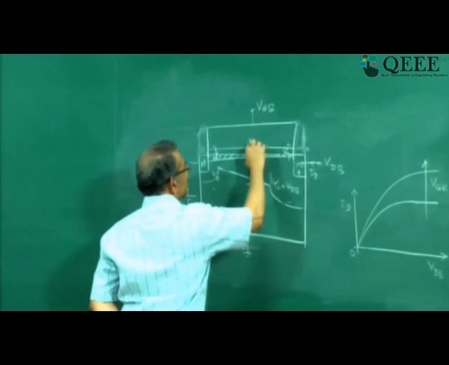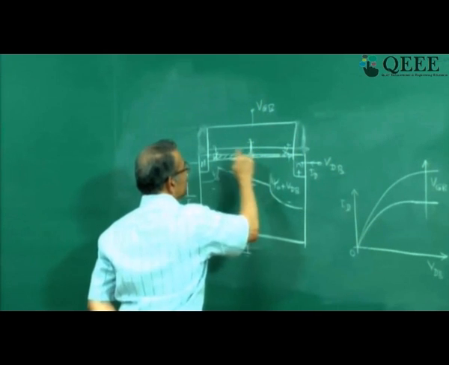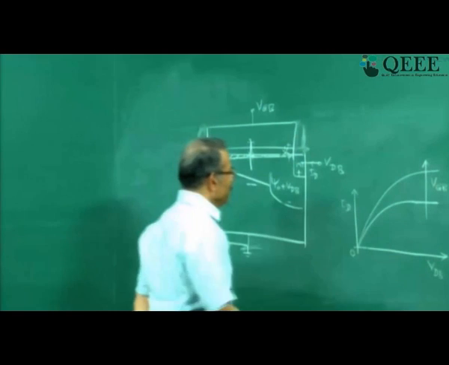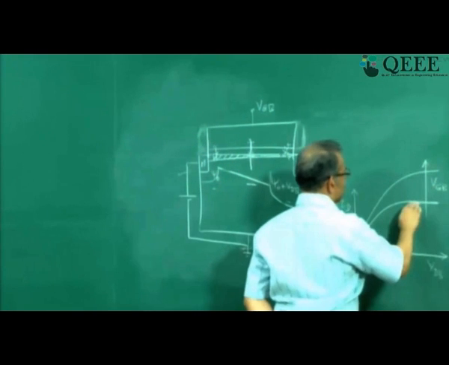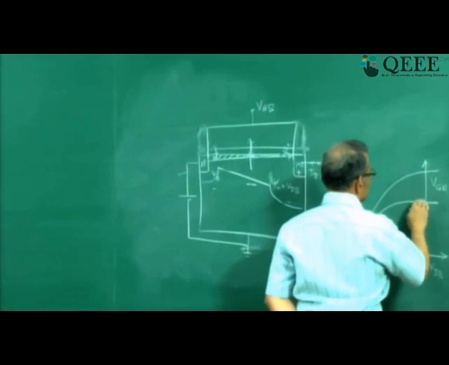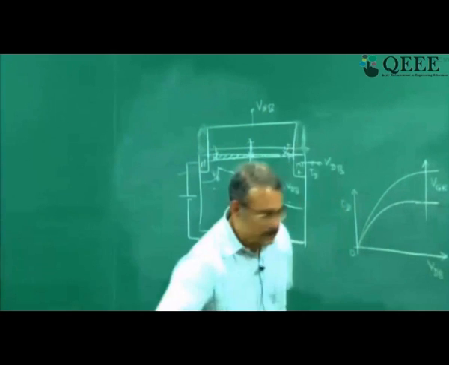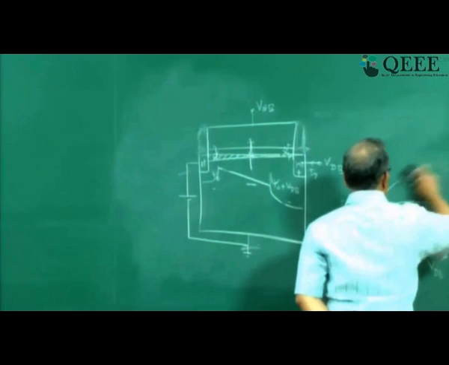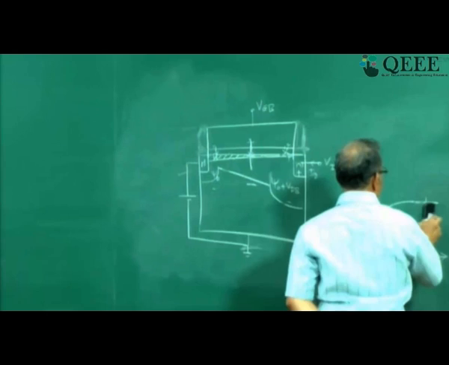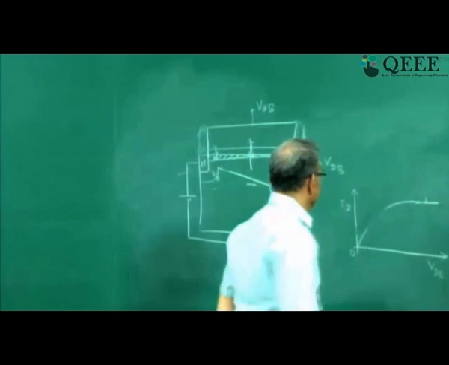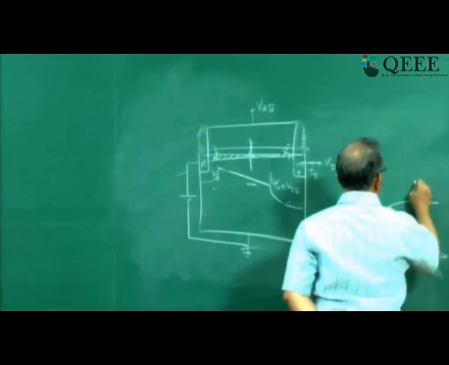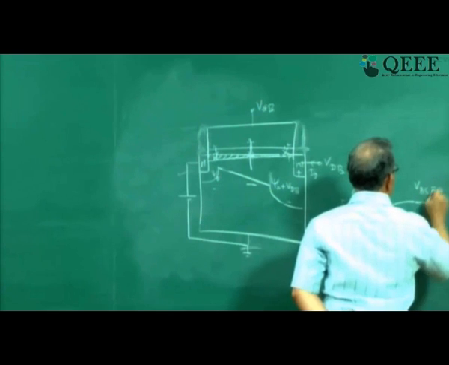So as we discussed earlier, if this part of the voltage reduces, this field will reduce and the inversion charge will reduce. So if I were to sketch ID versus VDB for a different VBS, let us say this is the curve for VBS equal to 0.